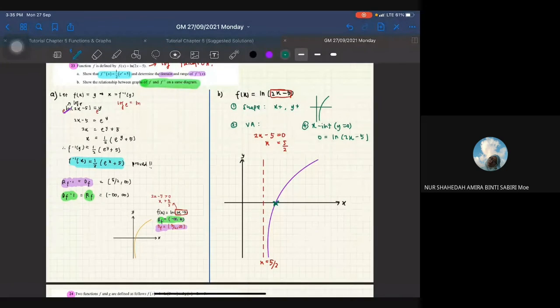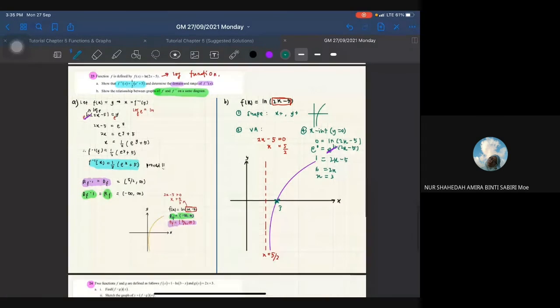Okay, so macam tadi juga, kita nak hilangkan ln, so kita letak eksponen. So we have e power of 0 is equal to e ln 2x minus 5. Macam ni. Okay, so kita cancel out kan yang dekat depan ni. Okay, and then e power of 0, whatever base power of 0, kita akan dapat 1. Okay, so you have 2x minus 5. Okay, and then kita akan dapat 6 is equal to 2x and x is equal to 3. Okay, so this one over here is actually 3. Okay, so settle kat sini.